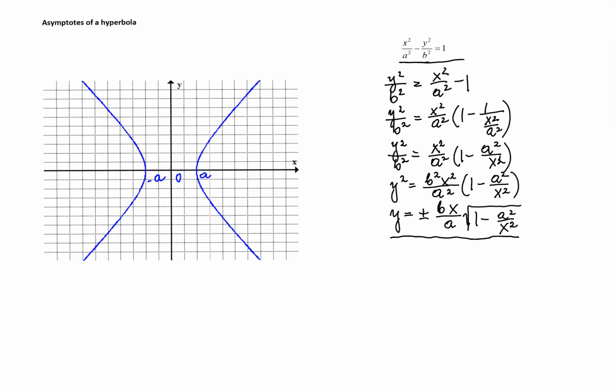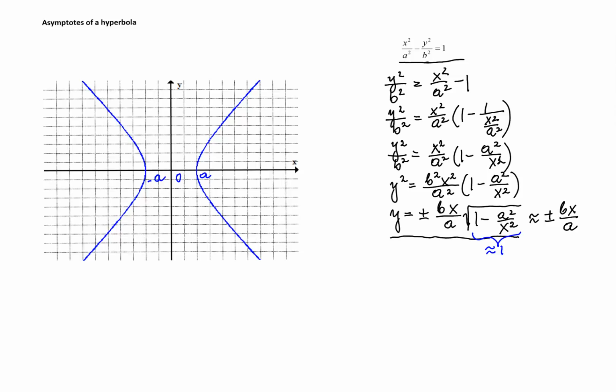Therefore the expression within that radical is going to be close to 1 for x really large. And that means that the y on the hyperbola will be about plus or minus bx over a for x large enough.